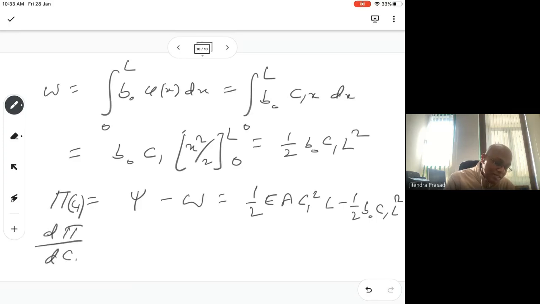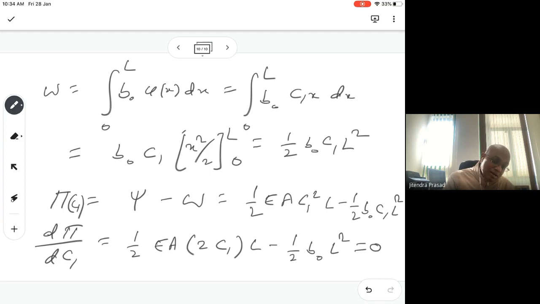So d pi over d c1 is equal to half EA times 2 c1 L minus half b naught L squared, which has to be equal to 0. From here you find c1.